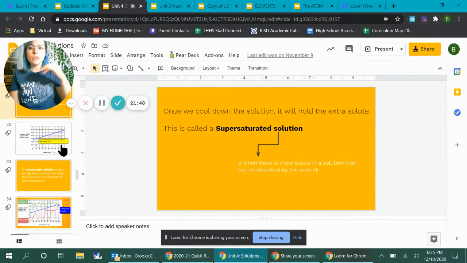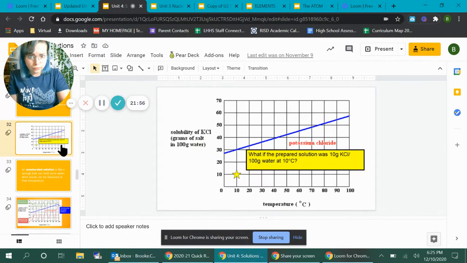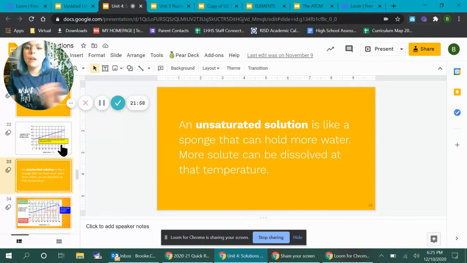So you have to increase the temperature, increase the amount of solute, and then decrease the temperature of the whole solution. Now, unsaturated is basically you haven't added enough solute to reach the point of saturation. So unsaturated is like a sponge that you can add more to, okay?